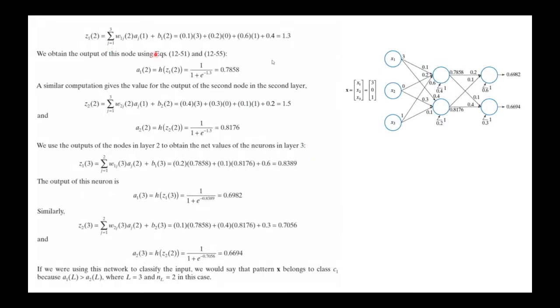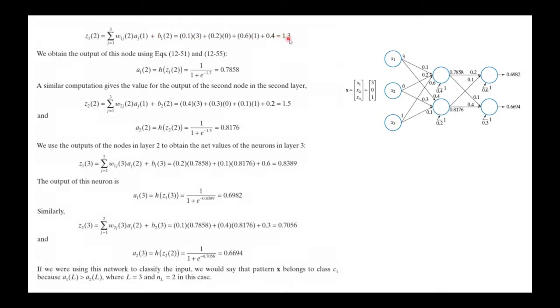So the calculation is very simple. In the first neuron here, the calculation will be 3 times this weight, 3 times 0.1, plus 0 times 0.2, plus the value 1, represented by this node here, times 0.6. That is the sum of that.